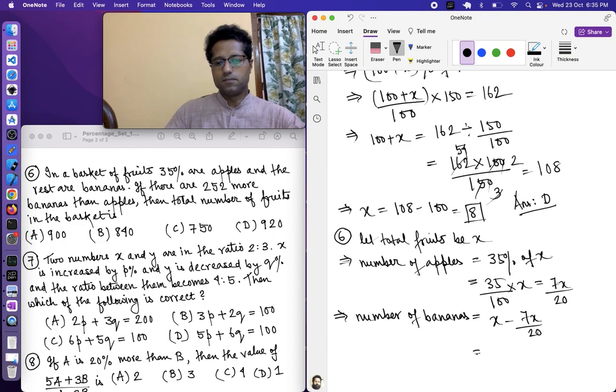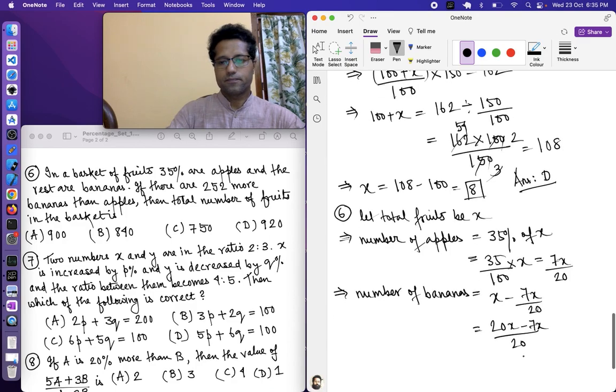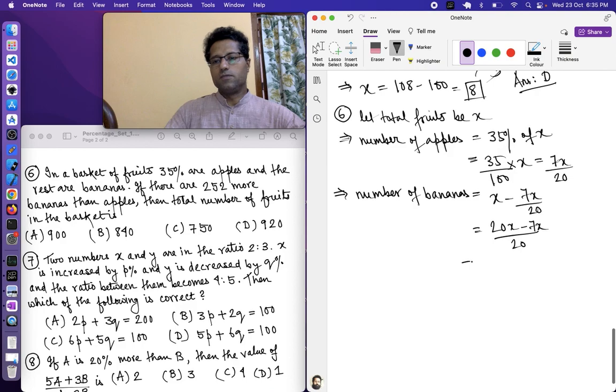This is equal to 20x minus 7x by 20, which is equal to 13x by 20. So we have the number of apples is 7x by 20 and number of bananas is 13x by 20.